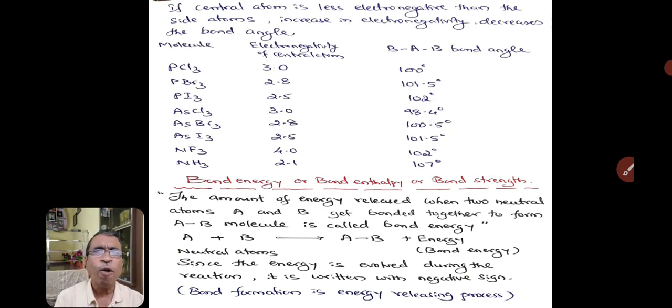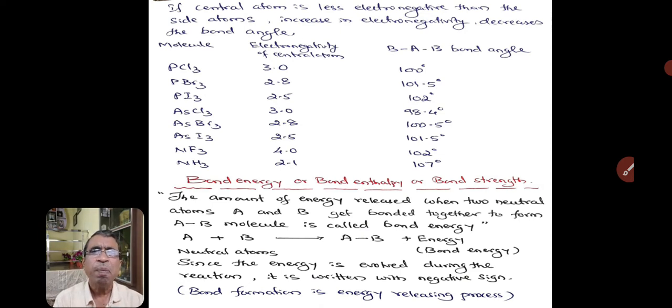In PCl3, the central atom is phosphorus and the surrounding atoms are chlorine. The electronegativity of phosphorus is 3.0, which is less than that of chlorine. Therefore, here the bond angle becomes 100 degrees between Cl, P and Cl.